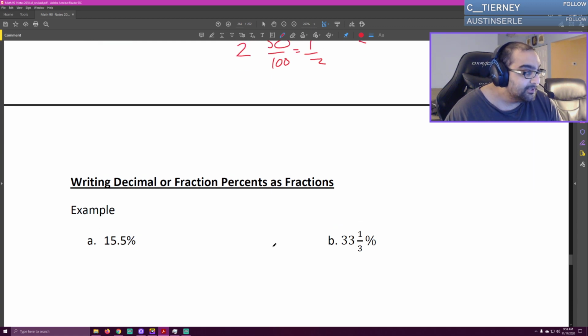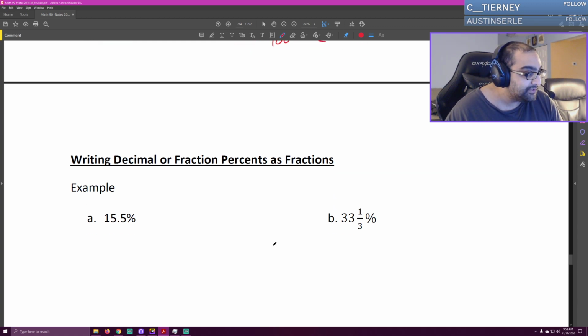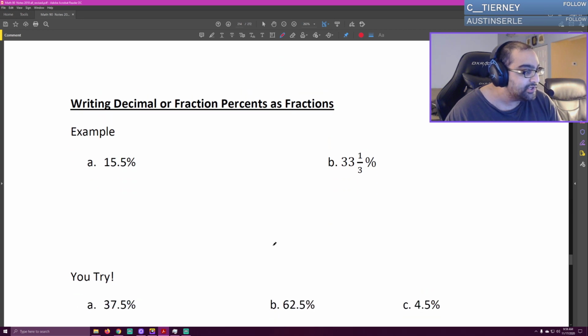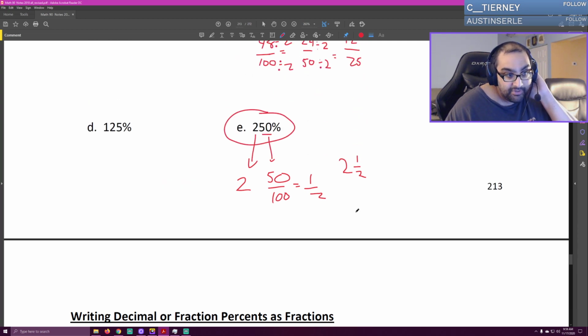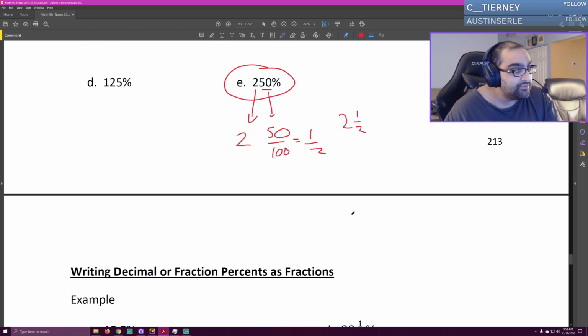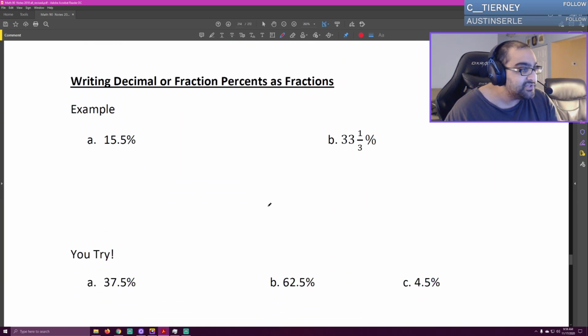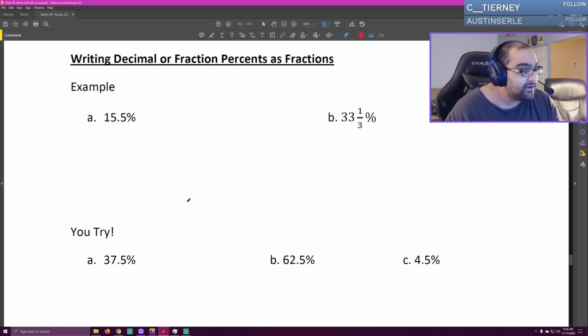Okay. Now, let's go over the next part here. These are for whole percentages here, where we have a nice 250 or 48. What happens in this case if you're given, say, a mixed number percentage, or what if you're given a decimal here? What would you do in this particular instance?